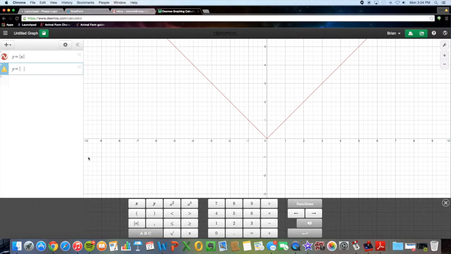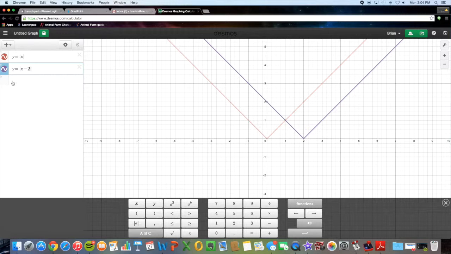Now we're going to put our constant in the absolute value markers. And so in order to translate our graph right, we have to subtract units. So if we're translating it right 2 units, it's going to be y equals absolute value of x minus 2. And you can see, again, we've maintained our shape and we've translated it 2 units to the right.